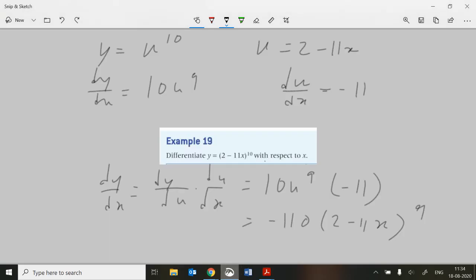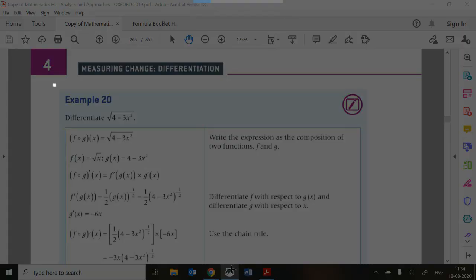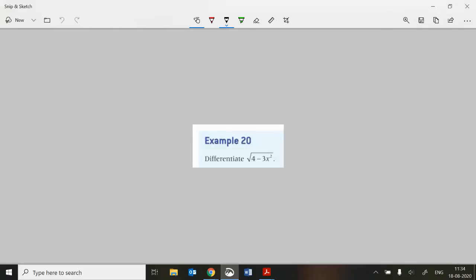So, we're cracking through this pretty quickly. Example 20, differentiate this function here. So let's just write it to start off with in indices notation, which is often easier when we're talking about differentiation.